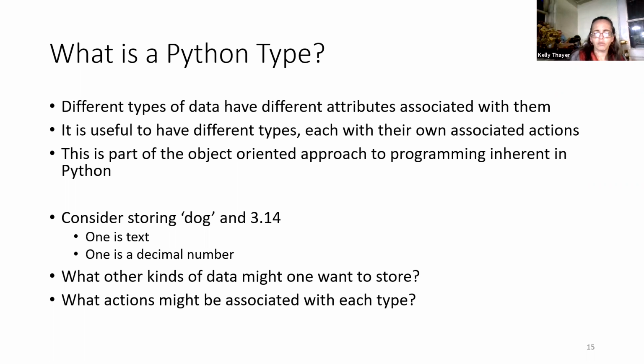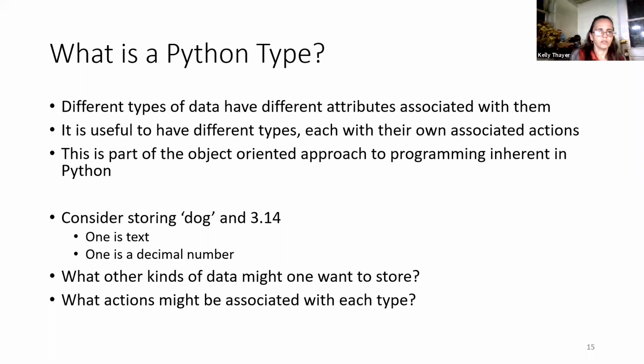That's going to behave differently than if you stored the number of classes you're taking at Wesleyan, which might be represented by an integer value. So different kinds of data have different attributes associated with them, and it's useful to have different types, each with their own associated actions. This is part of the object-oriented approach to programming inherent in Python.